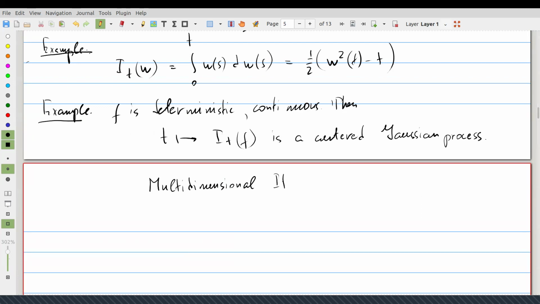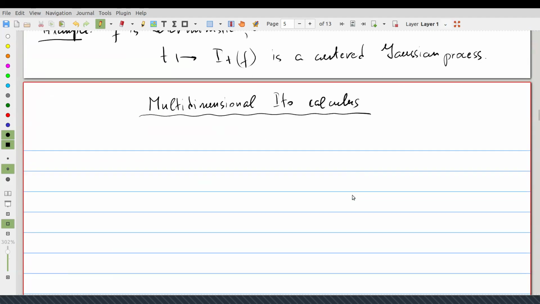Now, I want to talk about multidimensional versions. Up to this moment, we considered essentially only one-dimensional processes. What we did was related to the processes being one-dimensional.